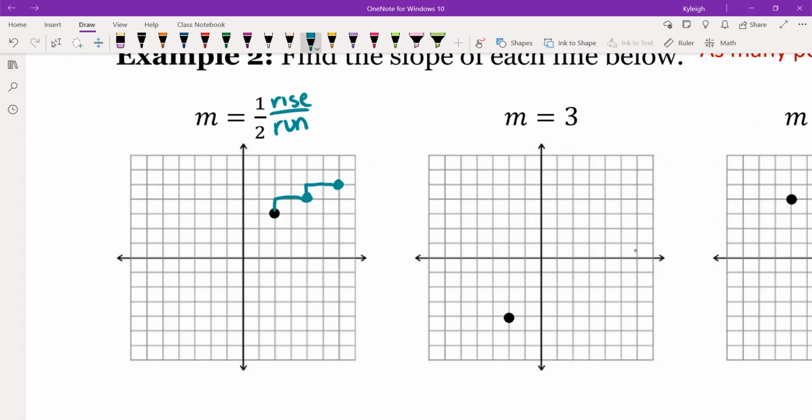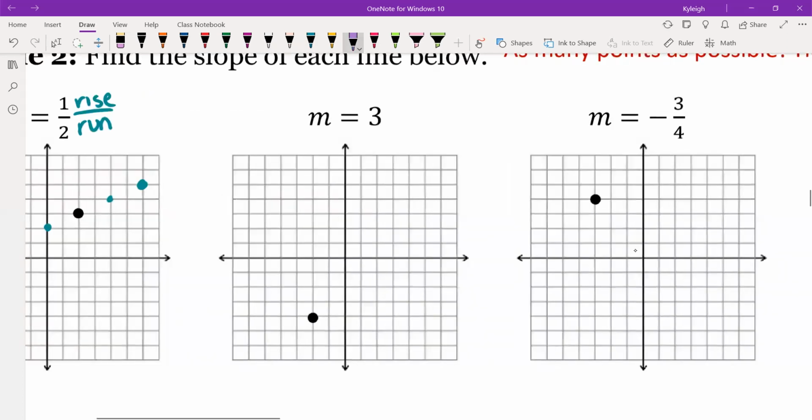Since we can't go up and to the right anymore, now we're going to do the opposite. We go down 1 and run backwards 2, down 1, run backwards 2, down 1, run backwards 2. So we're just counting the boxes. Now you see how it's kind of like a ladder? You can erase those because we don't want it to look like a ladder. We want it to look like a line when it's done.